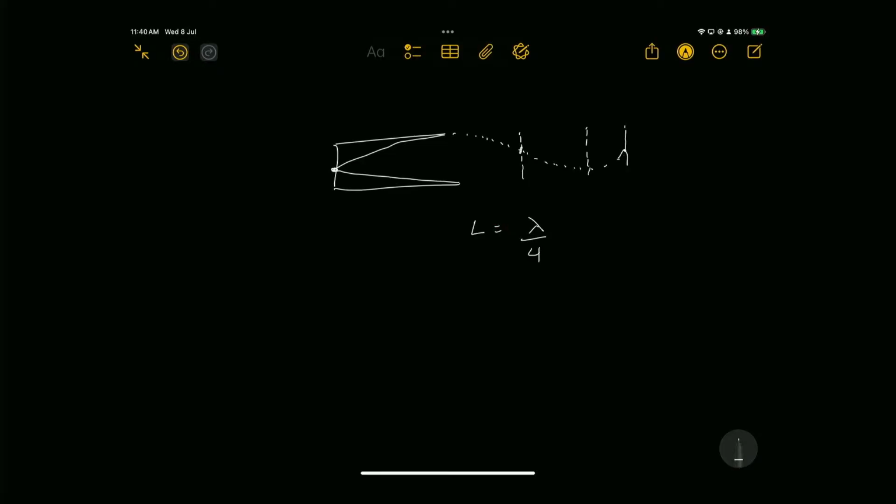They asked us to determine the wavelength. Actually lambda would just be 4 times L, the length of the pipe. Oh, actually, I didn't read the question properly. In this question, we didn't have the length of the pipe. They gave us the fundamental frequency.